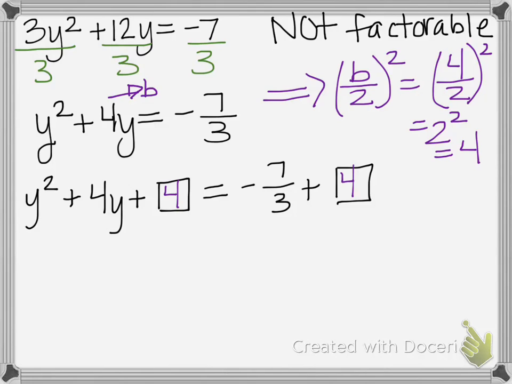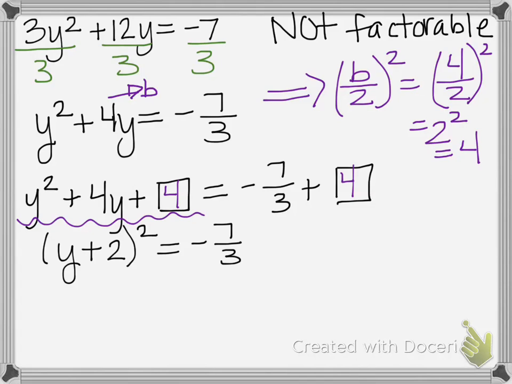All right, so now I have a perfect square trinomial right here, and this factors to y plus 2 quantity squared. And on the right side, I have negative 7/3 plus 4. And I'm going to rewrite the 4 as 12/3 because I need to be able to add those together, so I need a common denominator.